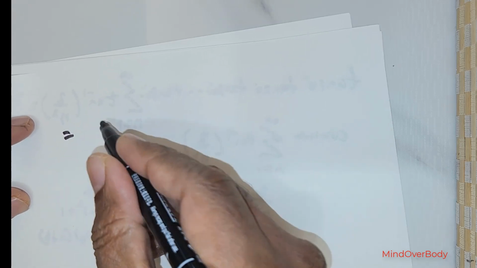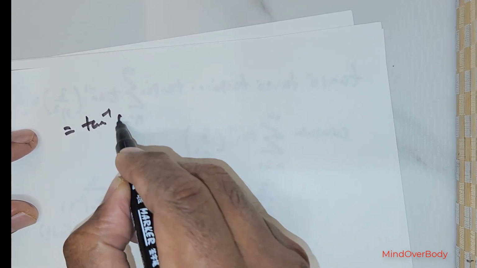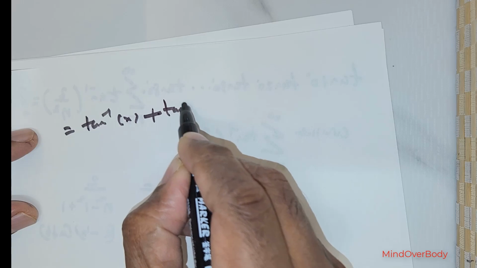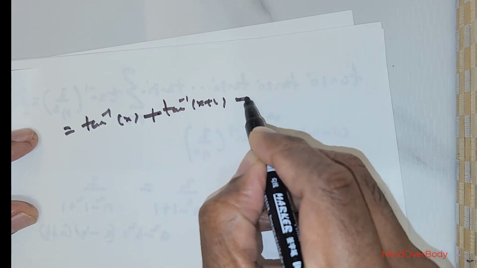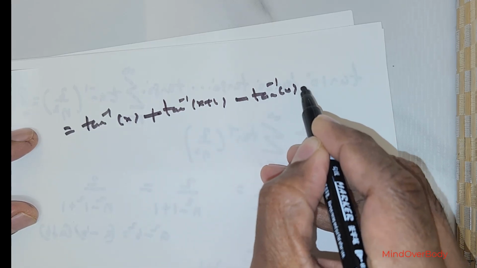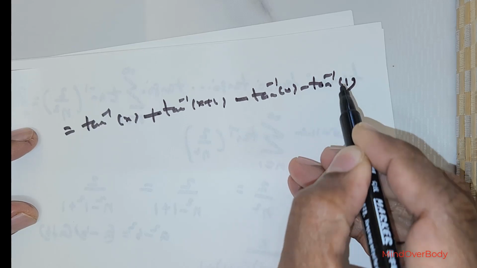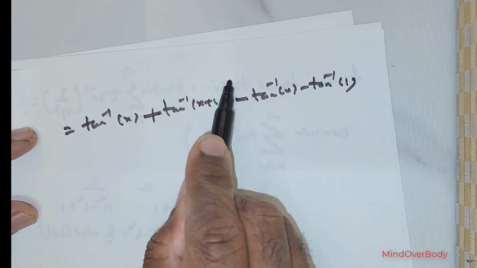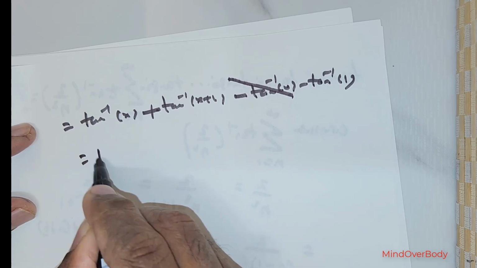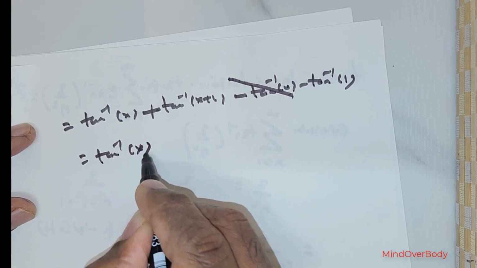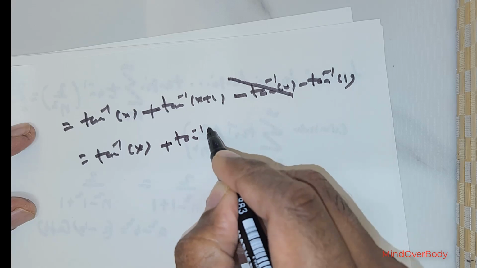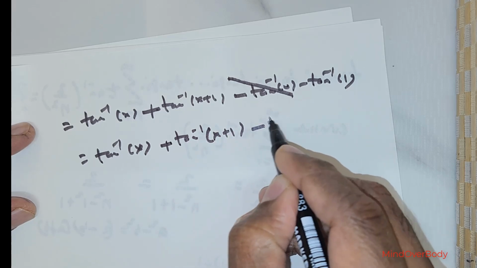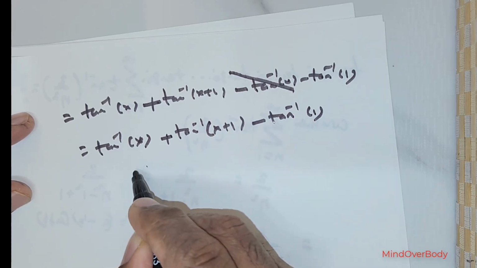Over here, so what have you got? I would like to rewrite. This is going to be equal to tan inverse of x followed by tan inverse of x plus 1, and then negative tan inverse of 0, then tan inverse of 1. Now tan inverse of 0 goes off. So we are left with tan inverse of x and then tan inverse of x plus 1 followed by negative tan inverse of 1.